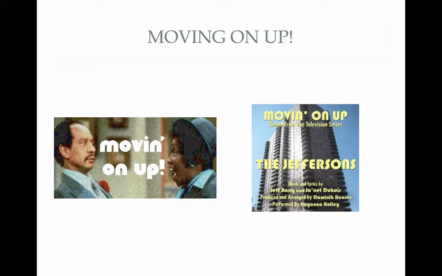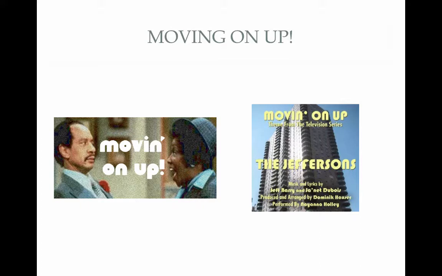here in the States, back in the 70s and 80s. The show was called All in the Family, and it was a spin-off of this couple, named George and Louise, and you can see them on the left-hand side of the screen, and they're moving to this swanky high-rise building. So they're moving on up the social or socio-economic ladder.